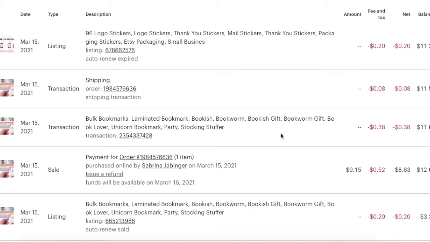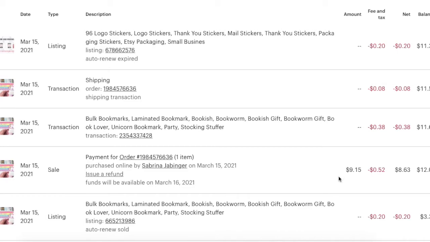After understanding all those fees, because this is including some of my other sales, the way to see what you're actually going to end up getting in your bank is to take the total amount of the sale, which would be this number right here. Where it says sale, the first number, that's the total that you sold it for.